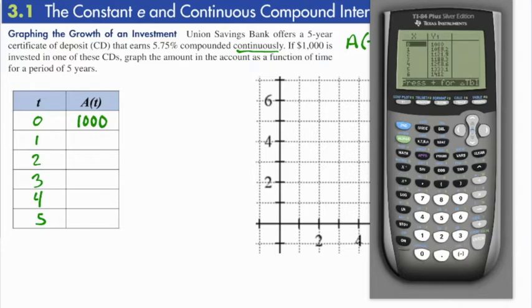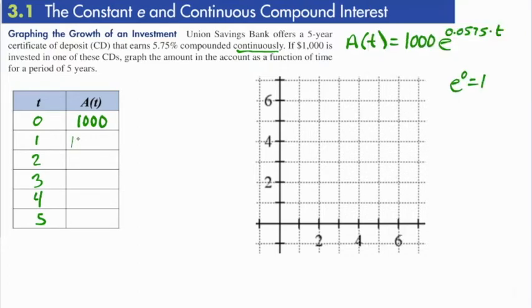Okay, so we'll put these values from the table in here. 1059.20, 1121.87, 1188.27, 1258.60, and 1333.10.